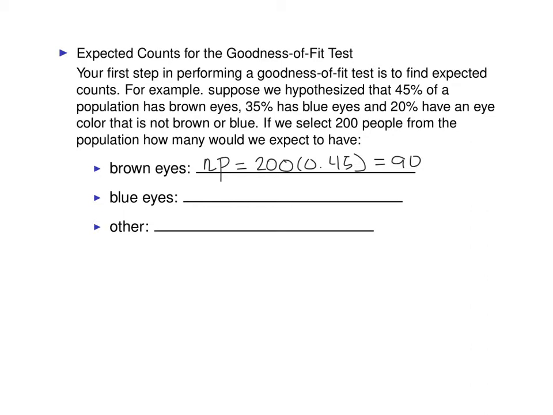For blue eyes, we take 200 times 0.35, so we'd expect 70 people in that category. And for other, we take 200 times 0.2, which gives us 40 people in that category. If you want to check that you're correct at this point, all those numbers should add up to 200.